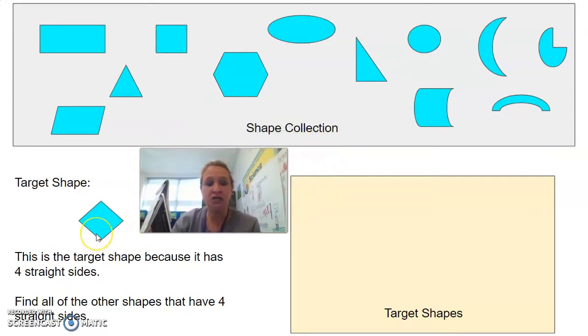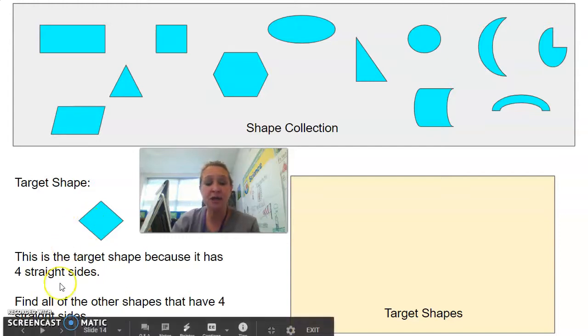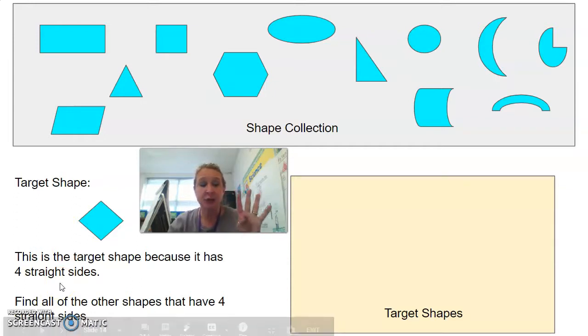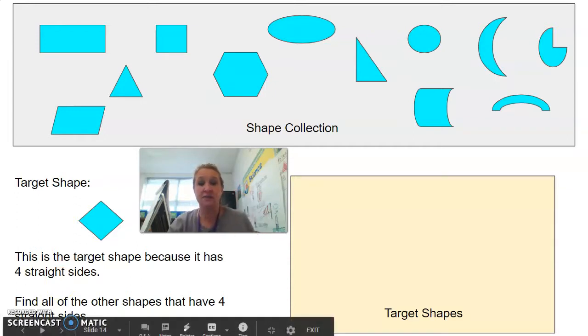This is called my target shape. So we're going to look up here and find other shapes that look like my target shape, because my target shape has 4 straight sides. So we're going to go find all the other shapes that have 4 straight sides.